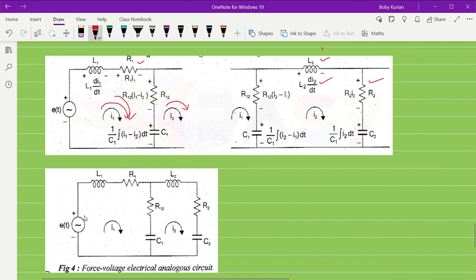You can see E of t is here, L1 is here, R1 is here, R12 and C1, then comes the second mesh with L2, R2, C2. The current flowing in the first mesh is I1 and the second is I2. So this will be the equivalent force voltage analogous electrical circuit. Thank you.